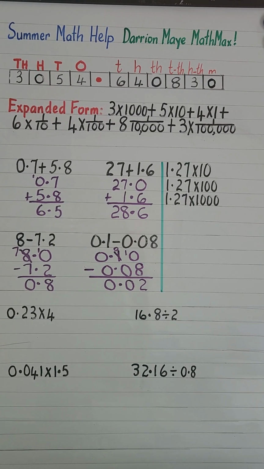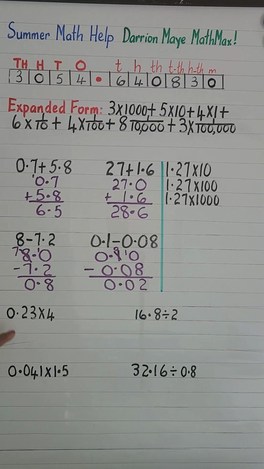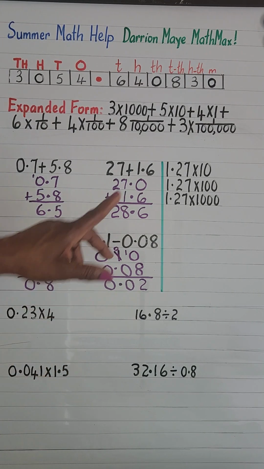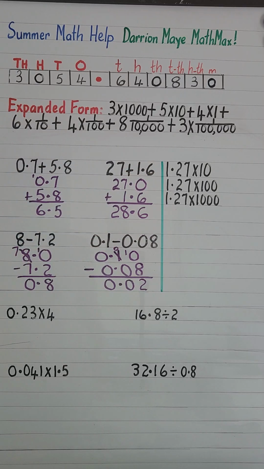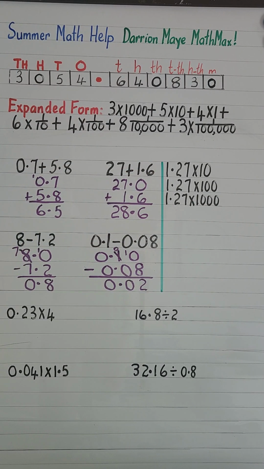Now let's move on to multiplying decimals. Here we have a decimal number times a whole number. And we have a decimal times a decimal. But before we do that, let's look at when we're multiplying a decimal by 10 or a power of 10.